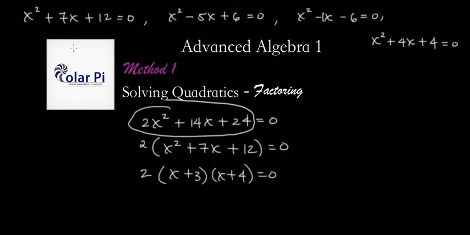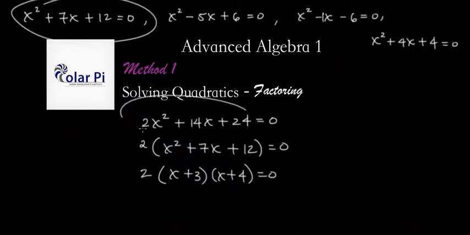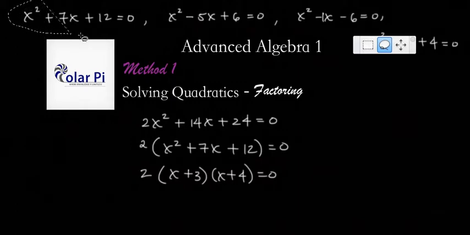So what I circled, this guy and this guy, even though we multiplied this by 2 to get this, they have the same zeros, namely x equals negative 3 and x equals negative 4. Okay, cool. All right, enough said.